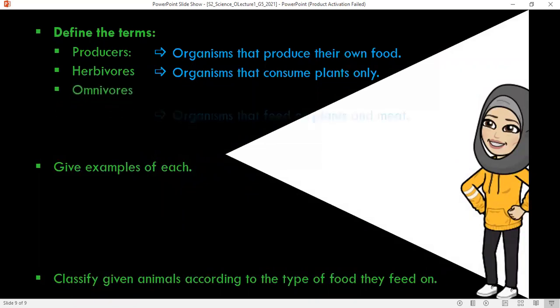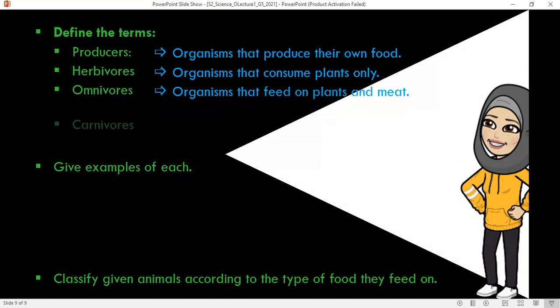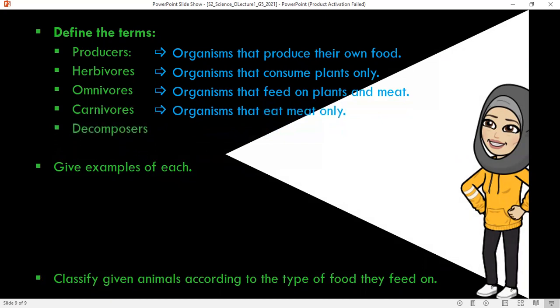An omnivorous animal is an animal that eats both plants and animals. Carnivores. Carnivores are organisms that eat meat mainly. Decomposers are the organisms that decompose or break down dead bodies.